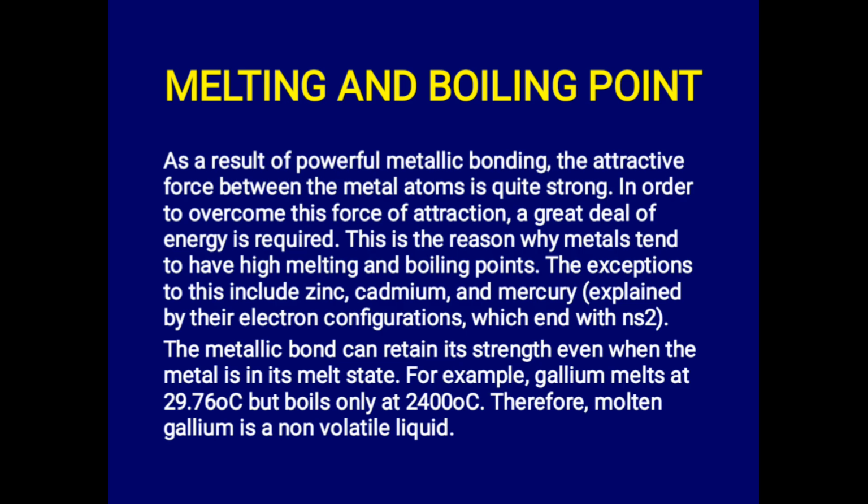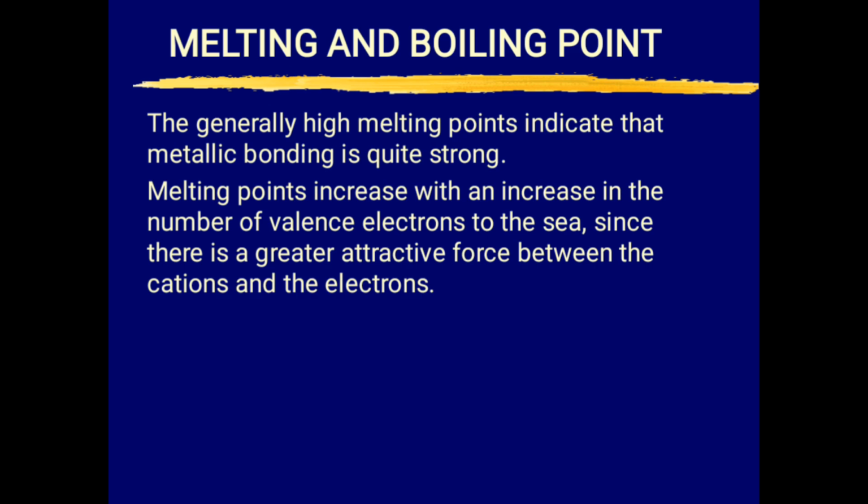We have mentioned that there are a few exceptions like zinc, which is a transition metal, cadmium, mercury, and so on. The metallic bond can retain its strength even when the metal is melted. So generally speaking, high melting and boiling points indicate the strength of metallic bonding.